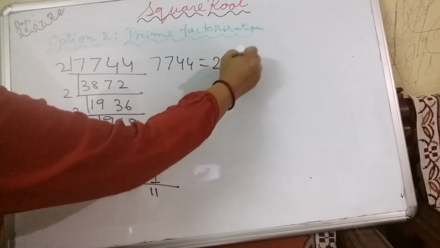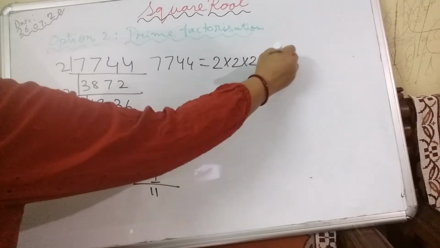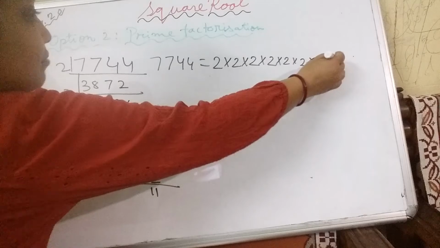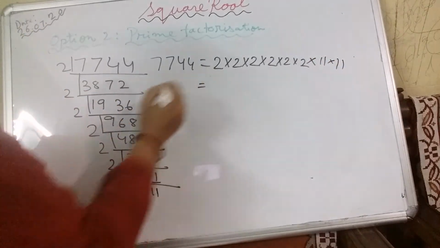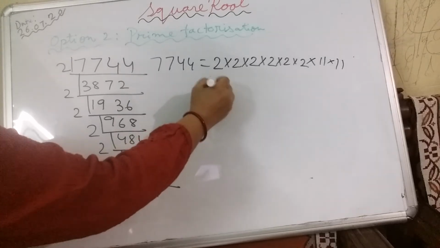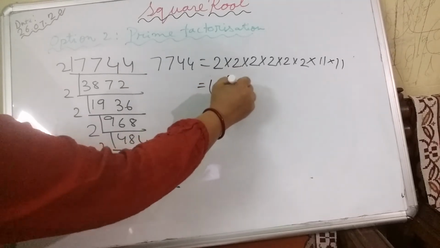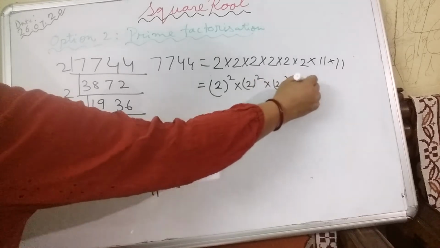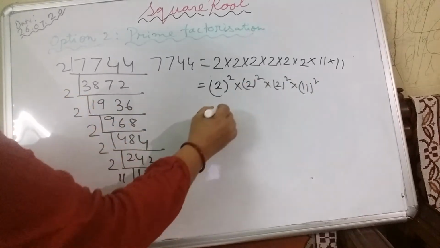And 2 times 11. So you will make pairs of 2. So it will be 2 square into 2 square into 2 square into 11 square.